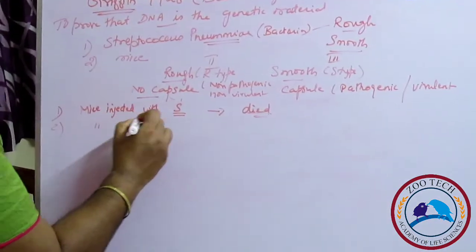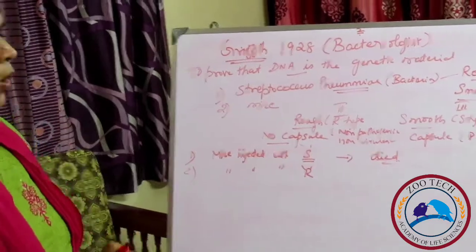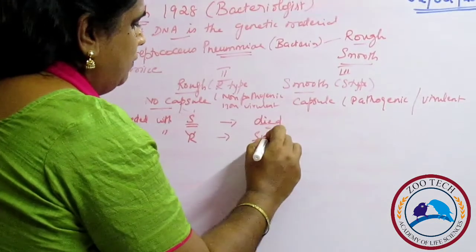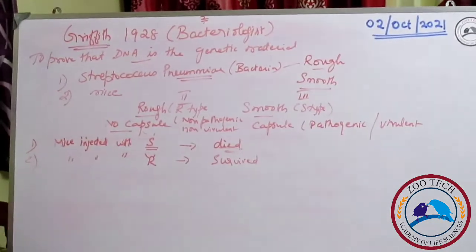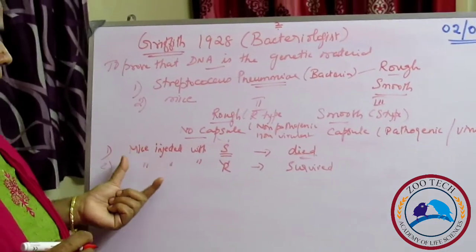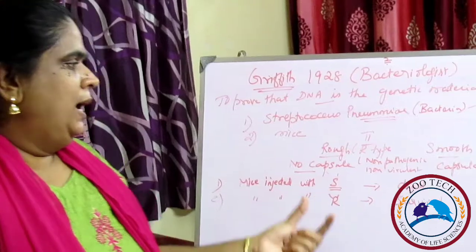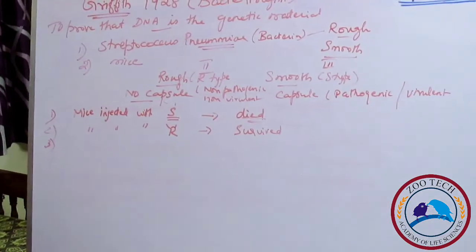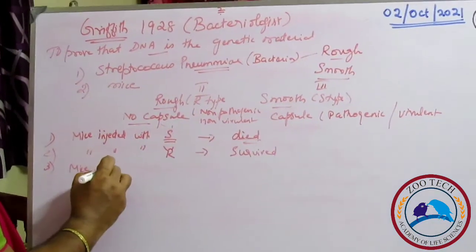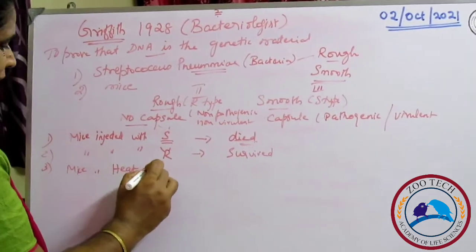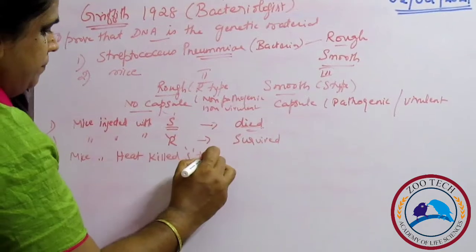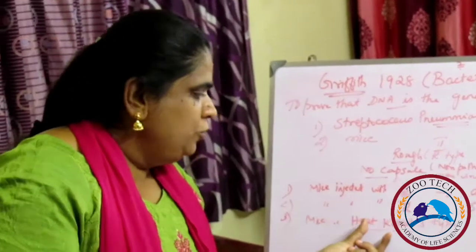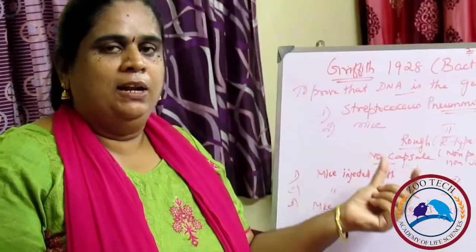Second, when the mice were injected with the R type, the rough type, what happened? Mice survived. It did not affect them. The third experiment he performed: the mice were injected with heat-killed S type. Heat-killed S type means you heat the bacteria, in which the bacteria all die.